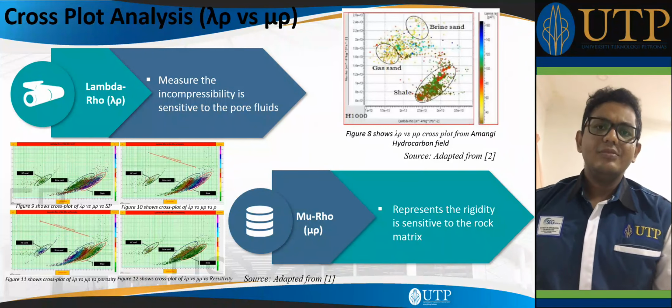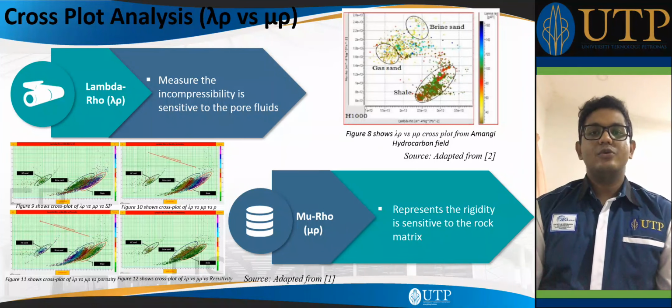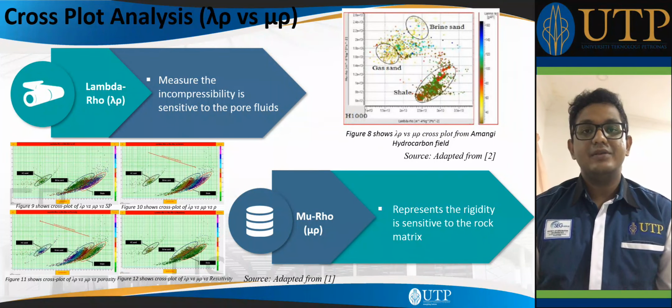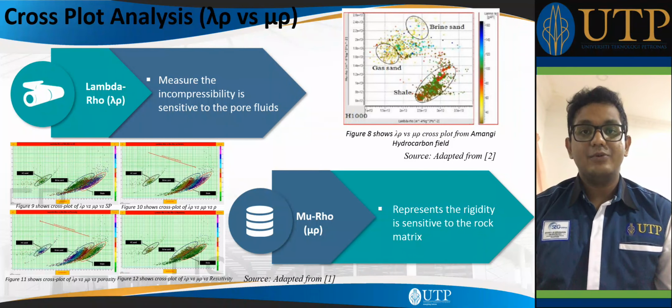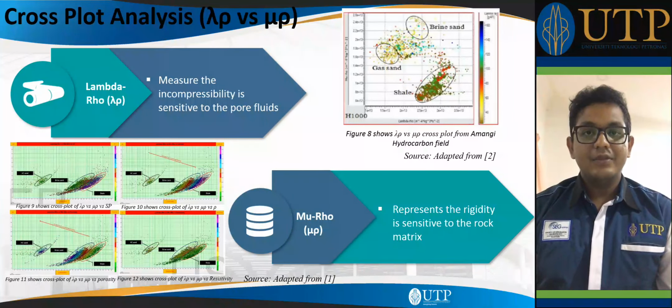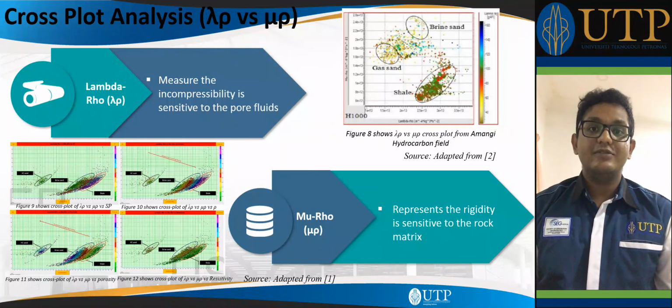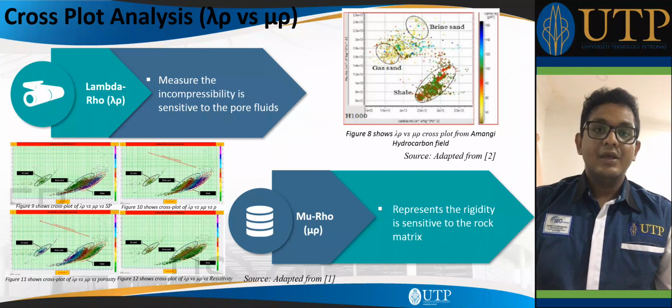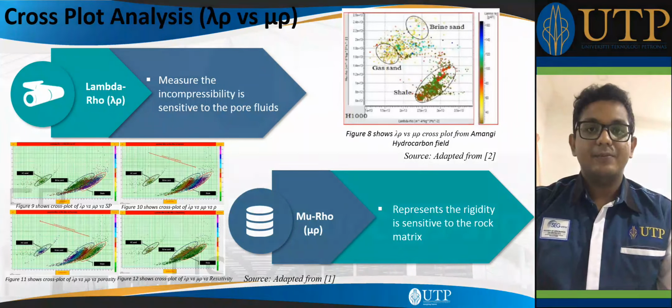Therefore, these Lambda-Rho and Mu-Rho elastic parameters help us to identify and delineate the hydrocarbon potential reservoir, which improves our interpretation as well as reduces our uncertainty in describing the reservoir.